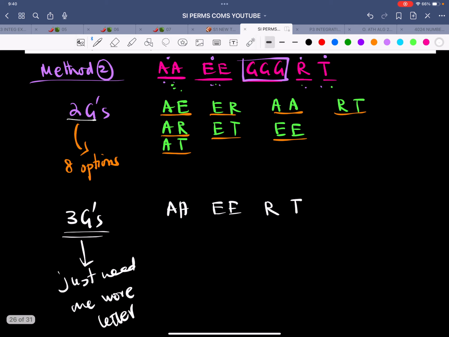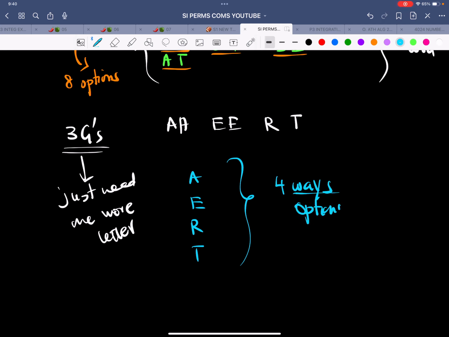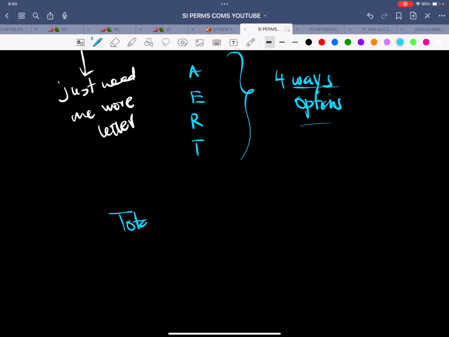Since 2 G's were there, I was forming a two-letter word. And since 3 G's are there, I just need one letter. So I can have A, I can have E, I can have R, I can have T. How many options are there? There are 4 ways or 4 options. So therefore 8 options, 4 options. Therefore how many is the total? The total is 12 options, 12 ways.